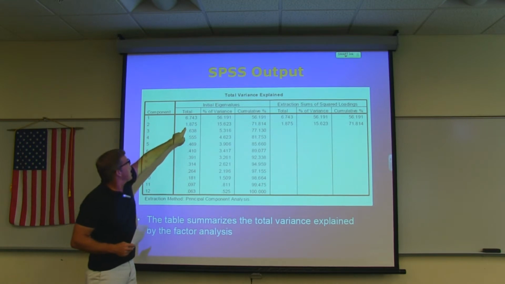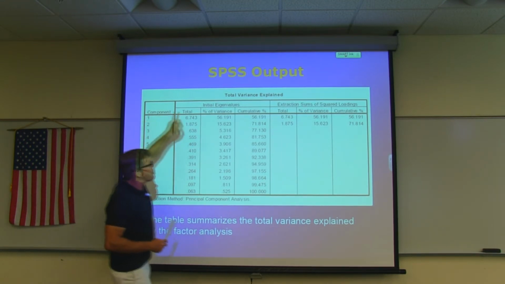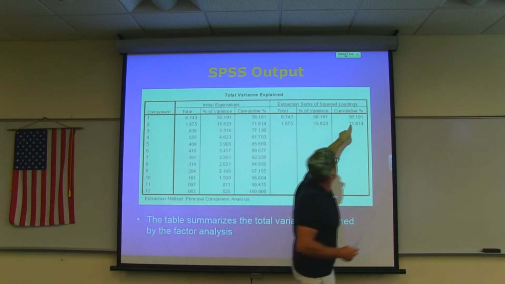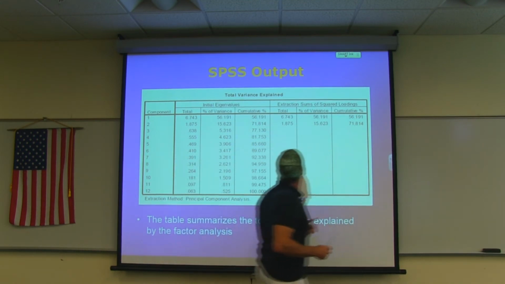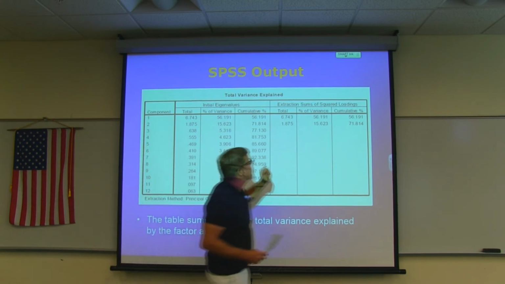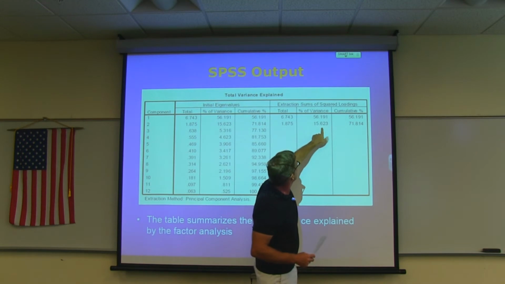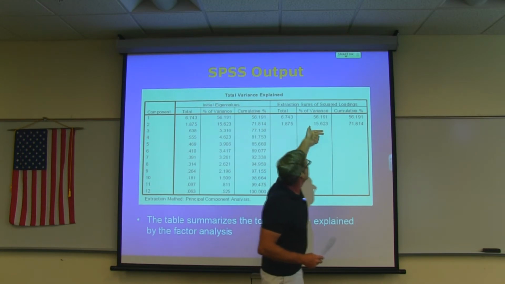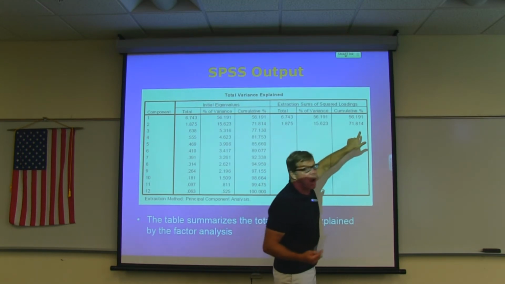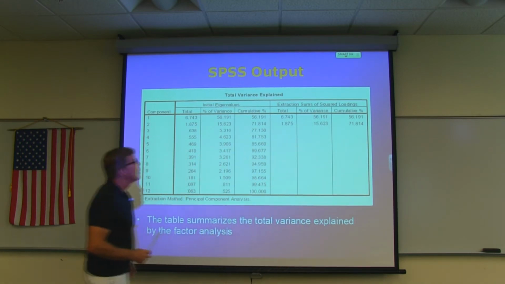Factor 2, eigenvalue greater than 1. Factor 1 explains about 56.191% of the variation. Factor 2 explains 15.623% of the variation to give a cumulative R squared, so to speak, of 71.814.